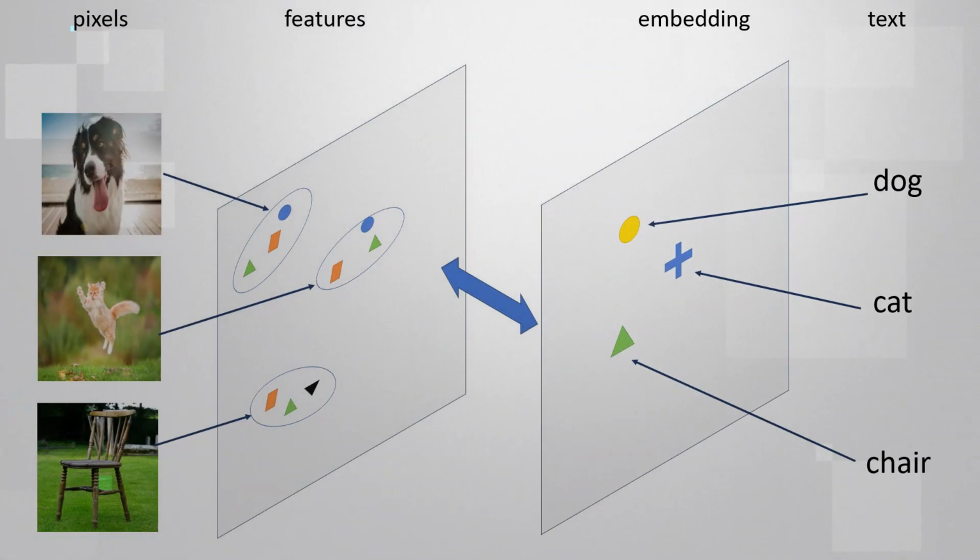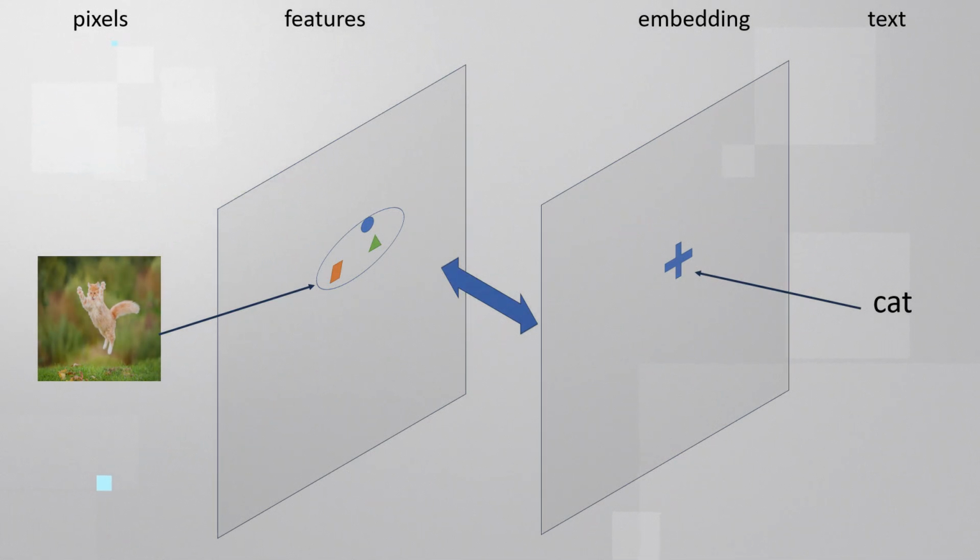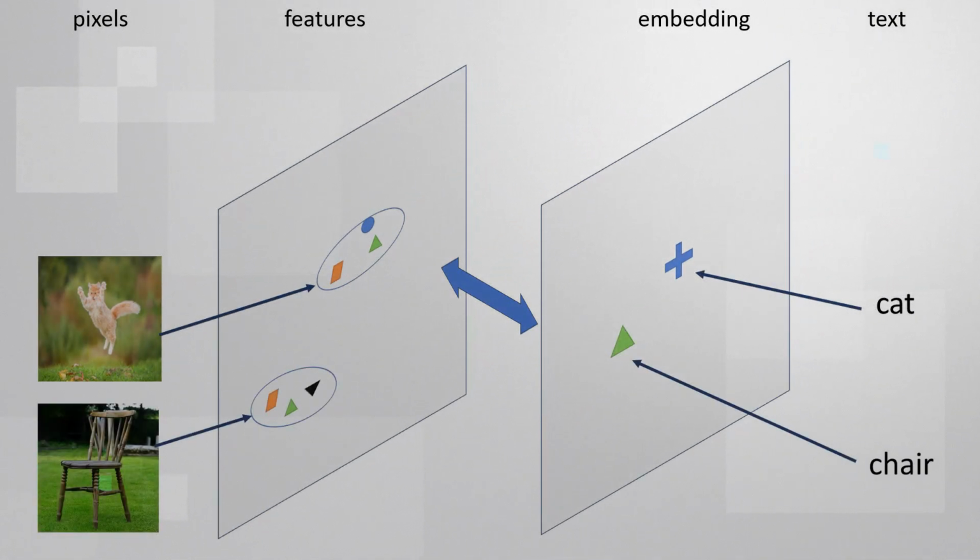If we can map the embedding space to the image latent space, we basically know how to represent the text in the latent space. So if you tell me to draw a cat, I know how the latent space of a cat looks like. All I have to do is go back to the pixel space and you have a cat. And how about a cat sitting on a chair?